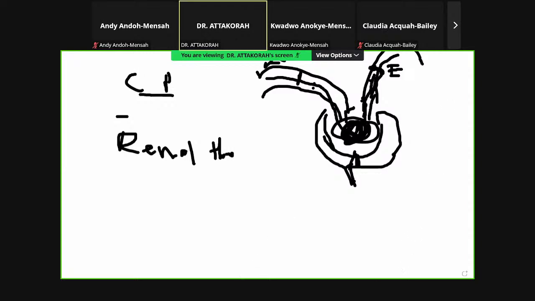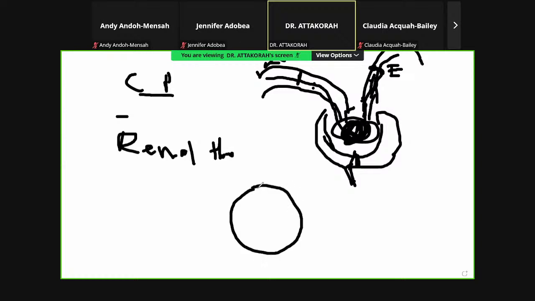Okay, let me ask you this. Now, this is your heart. This is the left ventricle, and it will pump blood via the aorta.